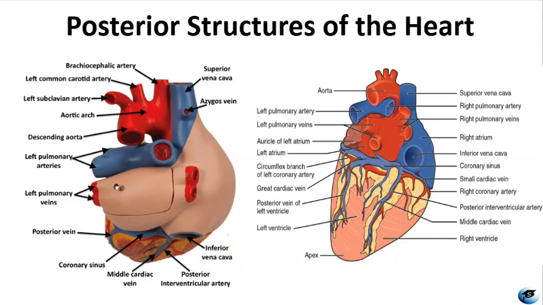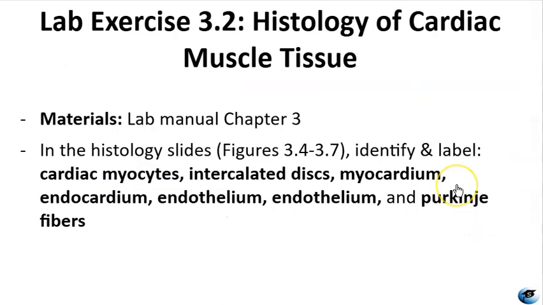The coronary sinus, which is a large vein that drains blood from the heart muscle into the right atrium, and the posterior walls of the left and right ventricles. This view is good for recognizing how blood returns to the heart, especially oxygenated blood coming from the lungs via the pulmonary veins.